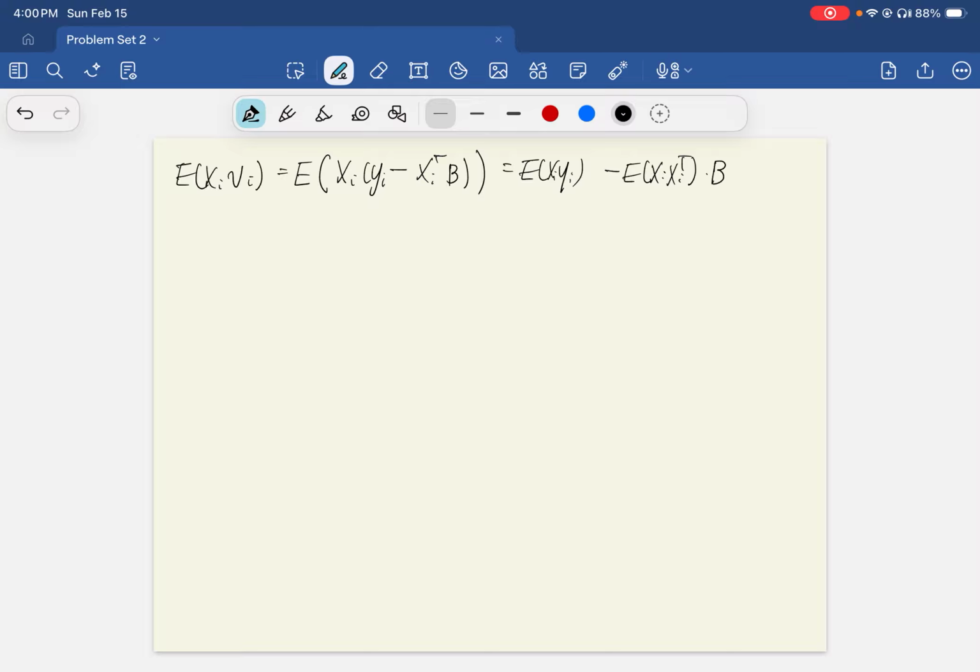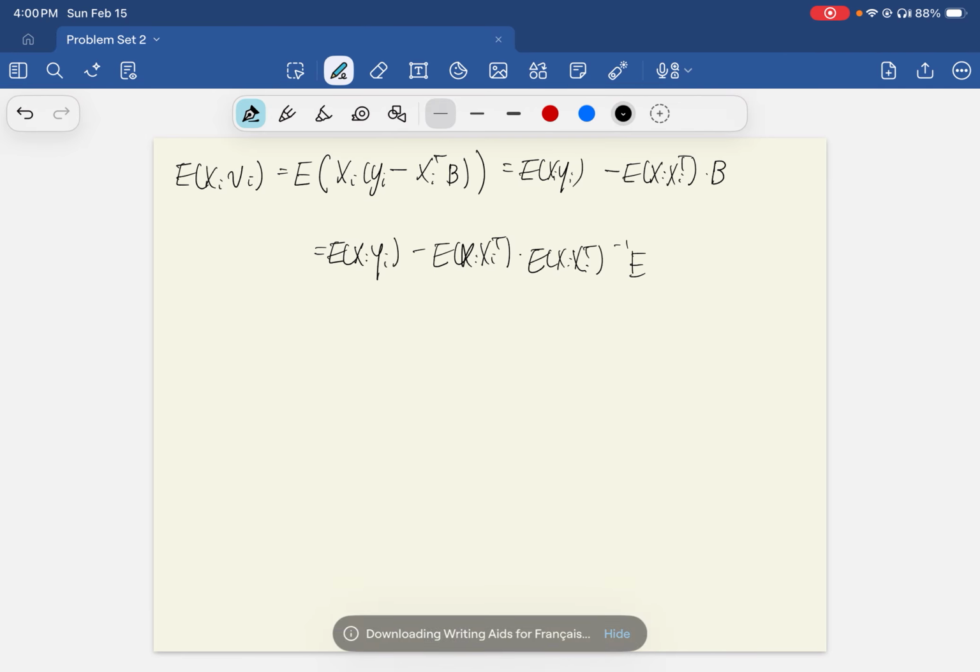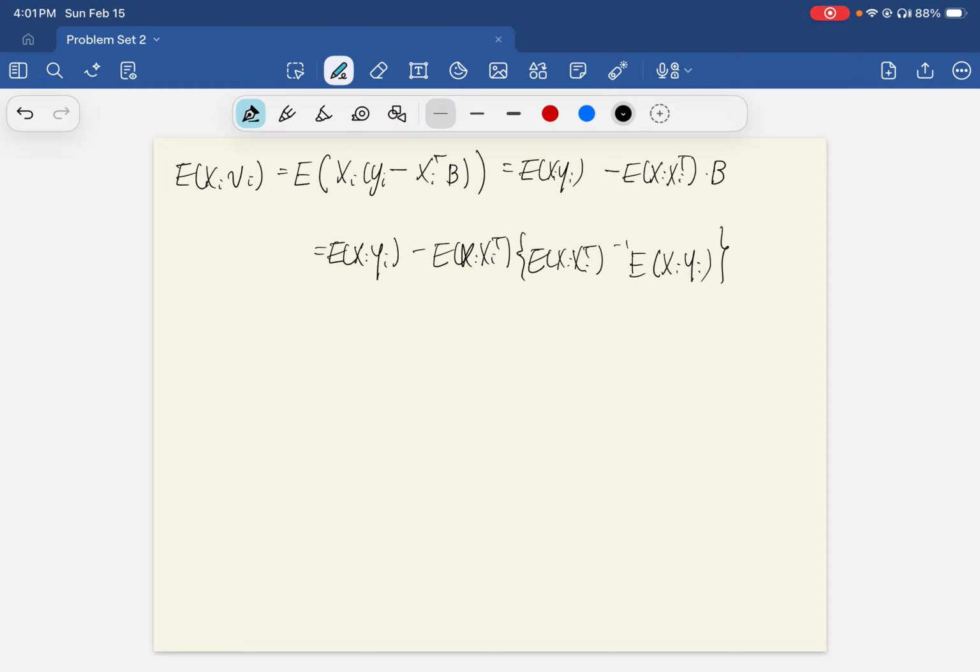And using the definition of b, E[x_i y_i] minus E[x_i x_i transpose] times the inverse of E[x_i x_i transpose], I'm sorry, E[x_i y_i]. So then as you see, this cancels out, and then this cancels out. So it's obviously 0. I only use the definitions, right?